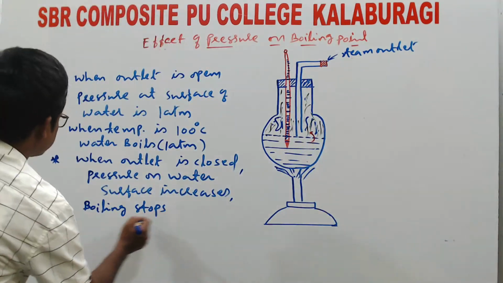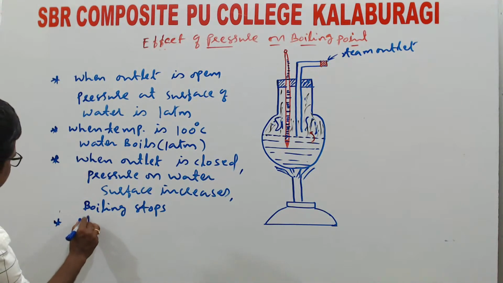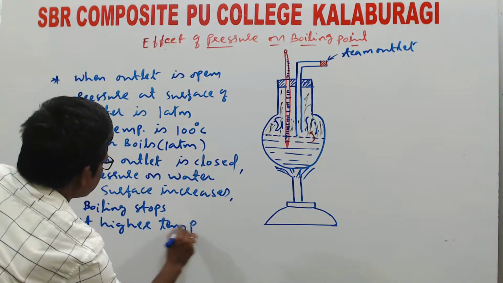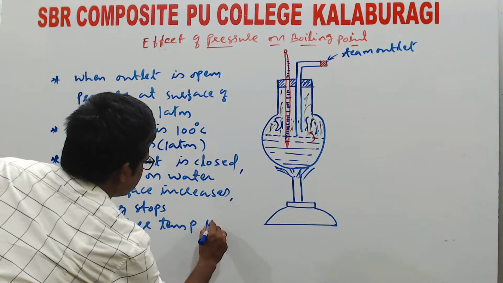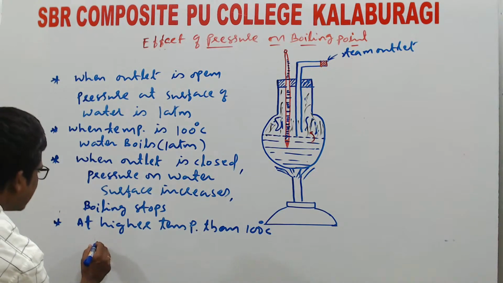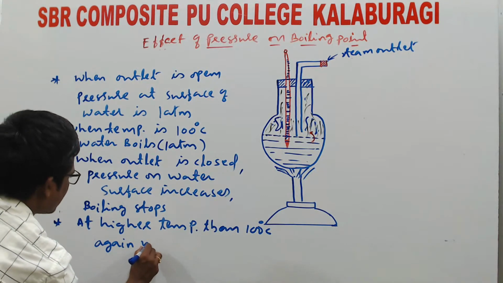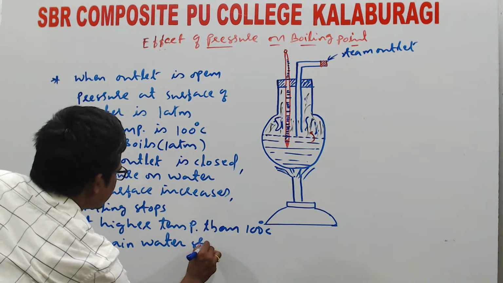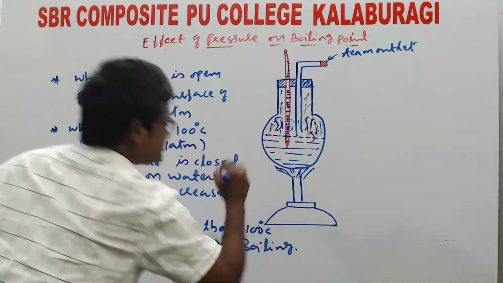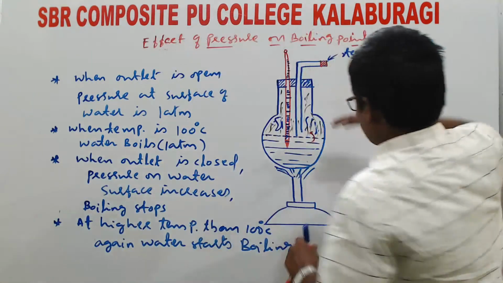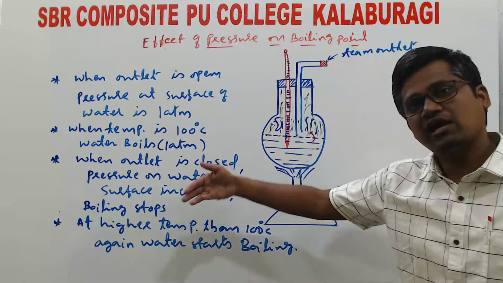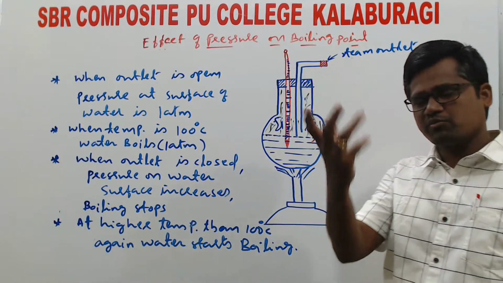At a temperature higher than 100 degrees, water starts boiling again. Now what you can understand from this: as the external pressure on the water surface increases, it will start to boil at a higher temperature than 100 degrees. So we can say boiling point increases.